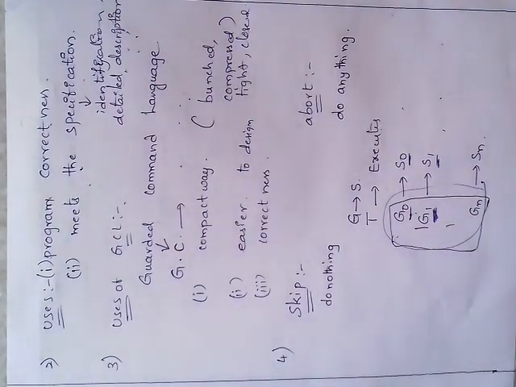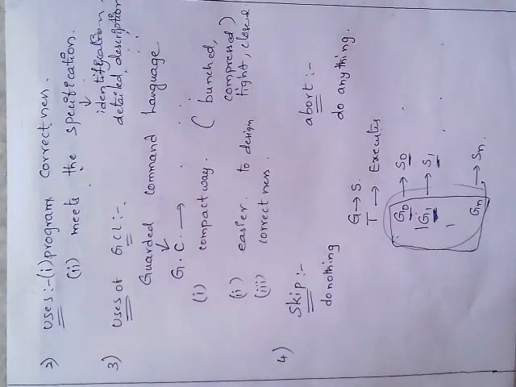Here, the uses of GCL: the first is that it is very easy to write the program, meaning we can write the program in a compact way. The second is that it is easier to design the program. The third is correctness, same as the guarded command usage, because we are using guarded commands in the guarded command language.